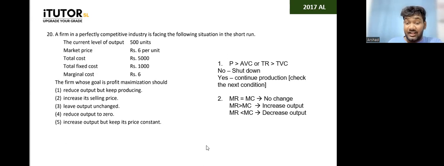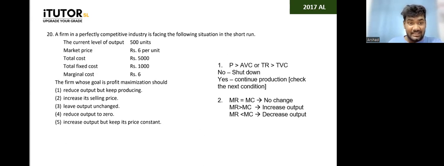Okay. First, can you calculate and tell me how much is the price here? Price is 6. How much is the average variable cost? You will have to calculate. Can you first tell me how much is the total variable cost? Average variable cost is total variable cost divided by the number of units.